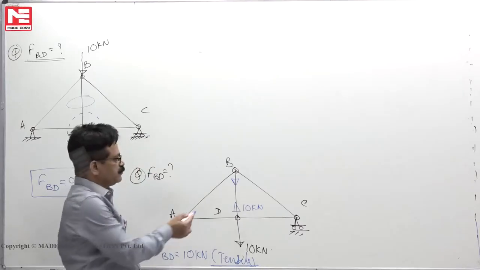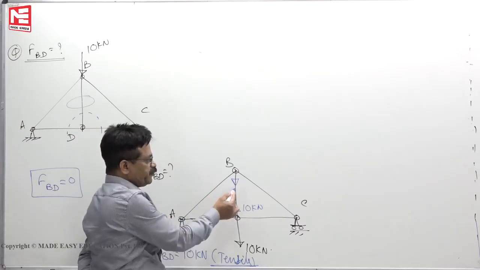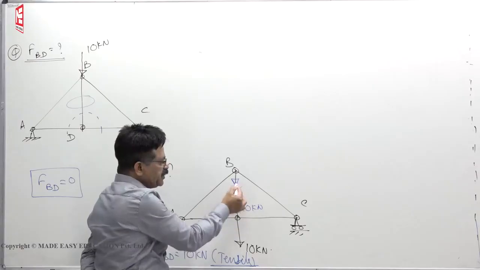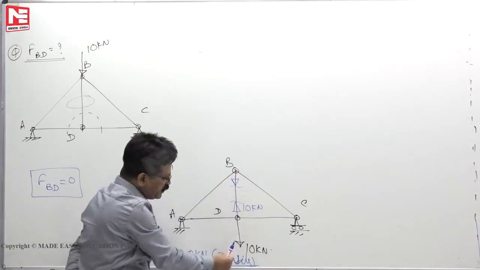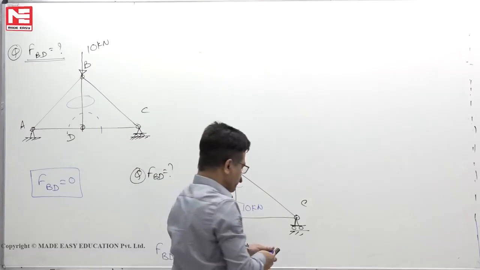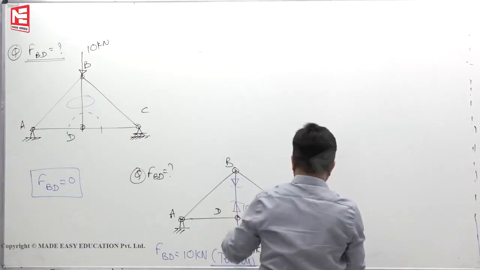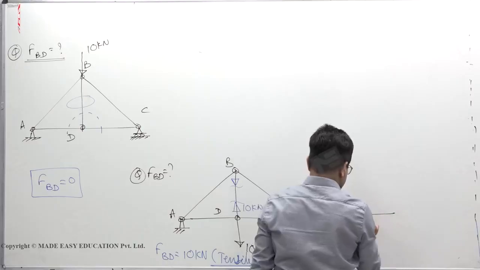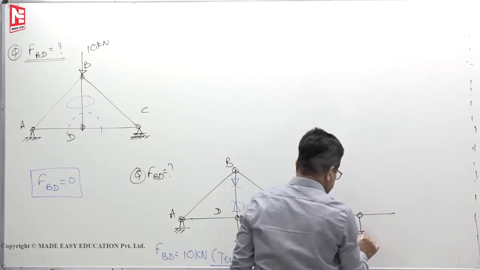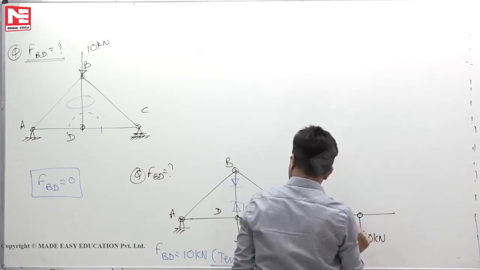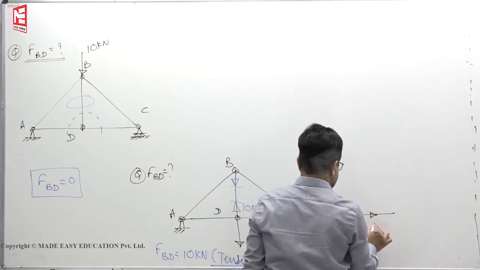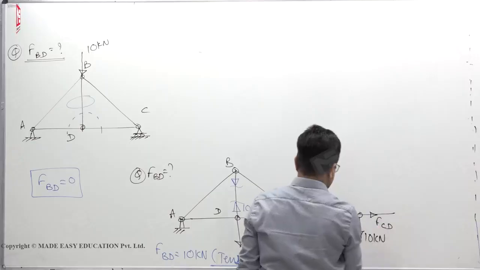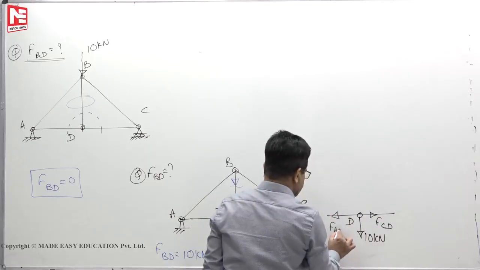Then, if you want to find the force in the member BD, you have to draw the free body diagram of BD separately. If I draw the free body diagrams one by one, it looks something like this. This is 10 kilonewton down. This is joint D. Force in the member, some arrow marks are there, let us say force in the member CD, force in the member AD.